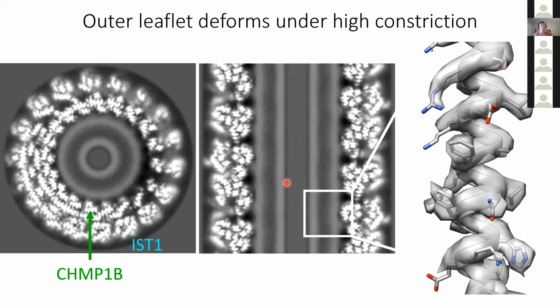I also, in this mixture, included a lot of polyunsaturated lipids, with the idea that Bruno Antonny has some papers saying that that would help deform the membrane. But the bigger factor was this PIP2, and the way we rationalize that is that because the lumen of CHMP1B is so basic, you need to increase binding of CHMP1B to the membrane. You want even more acidic head groups there.